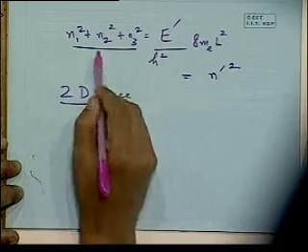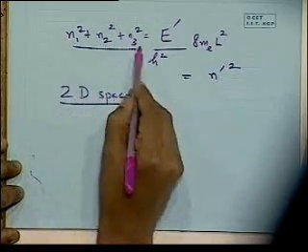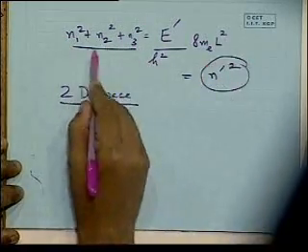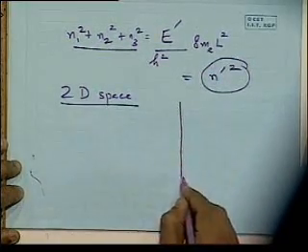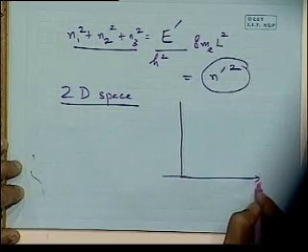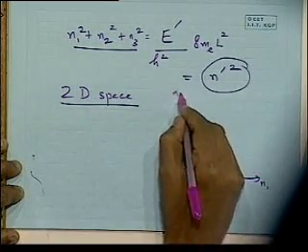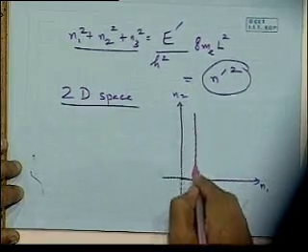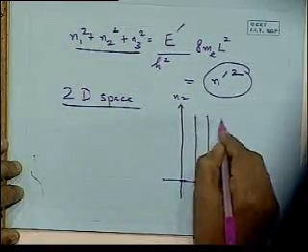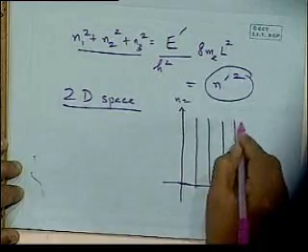To arrive at that number, how many combinations of n1, n2, and n3 will give us less than n dash squared? In two-dimensional space, we plot n1 on one axis and n2 on the other axis, and each of these squares refers to a particular value of n1, n2, and so on.